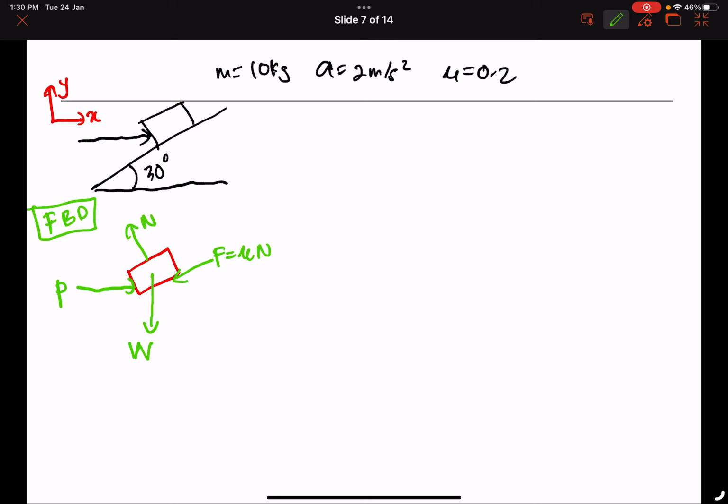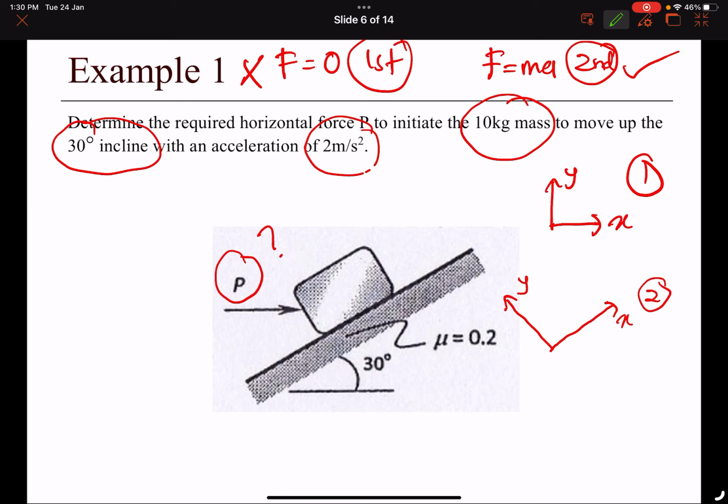Once you have this FBD, you can calculate to get the P value. You can input all the information there. What is the other factor? Refer back to the original question.